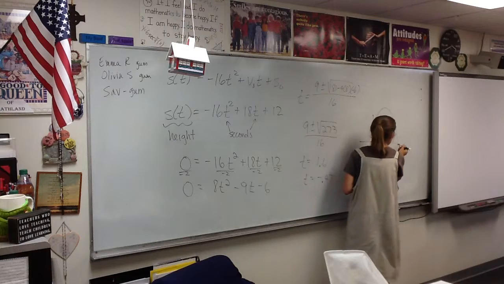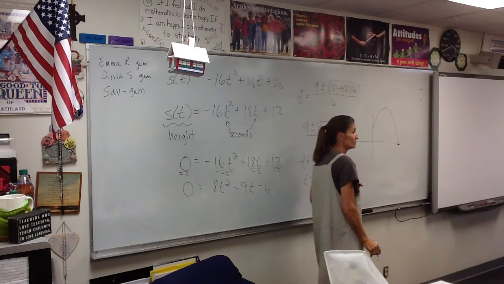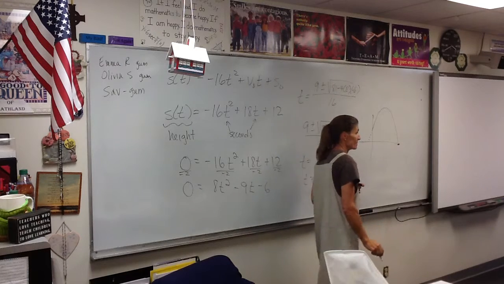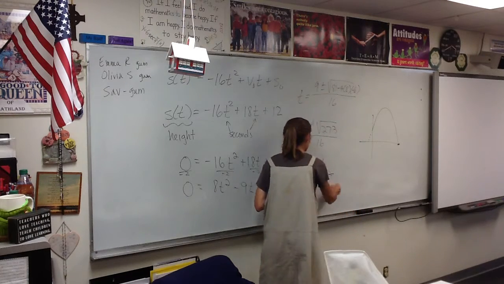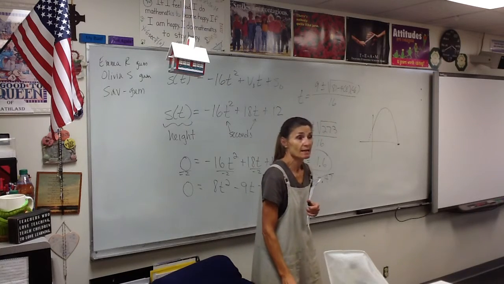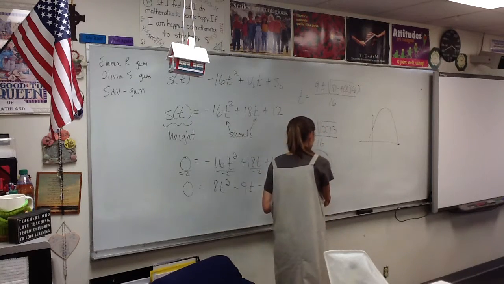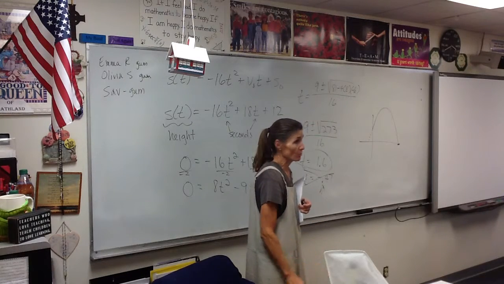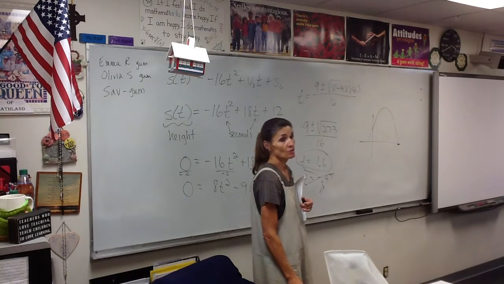This is the only time the ball is on the ground. This answer back here doesn't make any sense. So we throw that one out, and the answer is, when is it on the ground? 1.6 seconds. What kind of answer do we call this? We didn't make any mistakes, it just doesn't work. It's called extraneous.